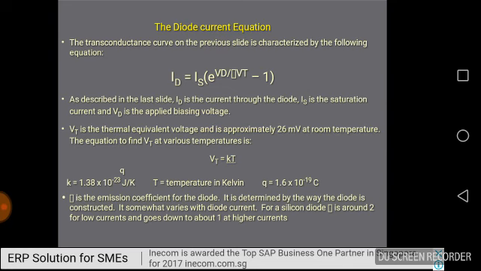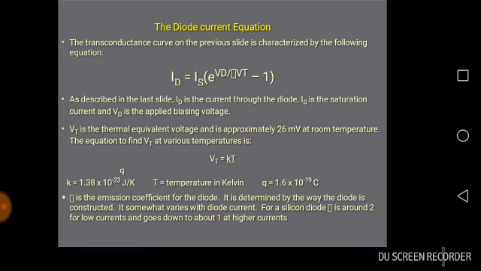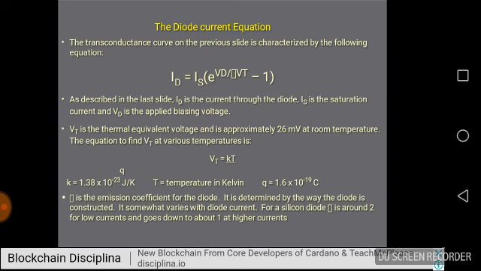As we all know, a PN junction is a semiconductor, and a semiconductor depends upon the temperature, right? So it has temperature dependency, and the resistance of the forward bias and reverse bias diode will vary with temperature.